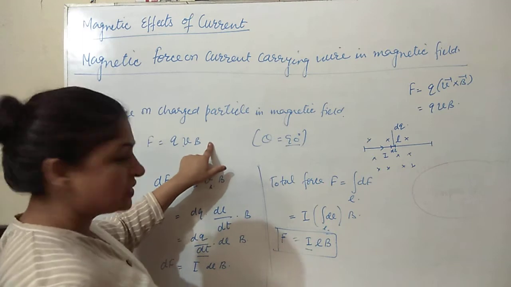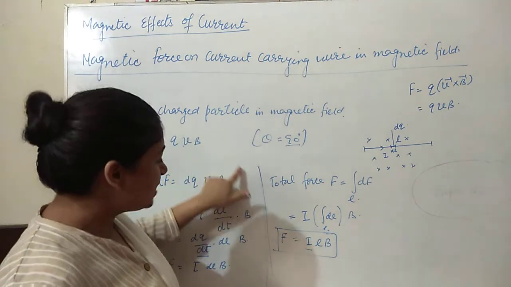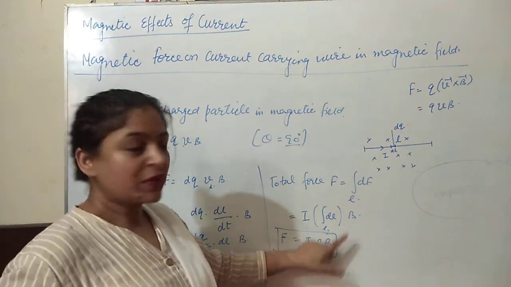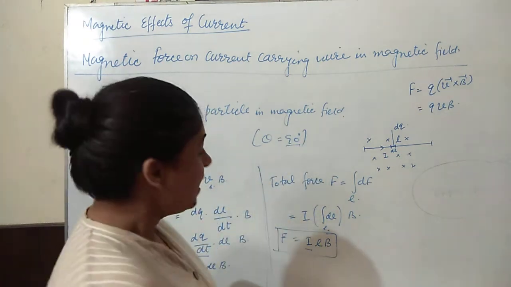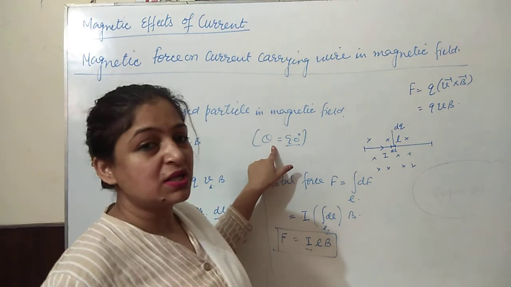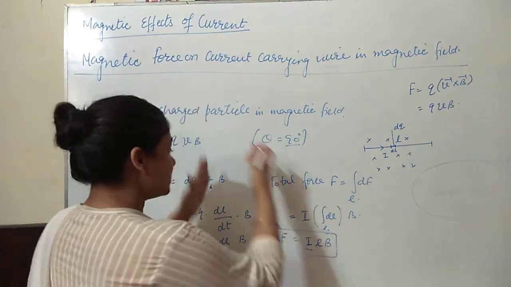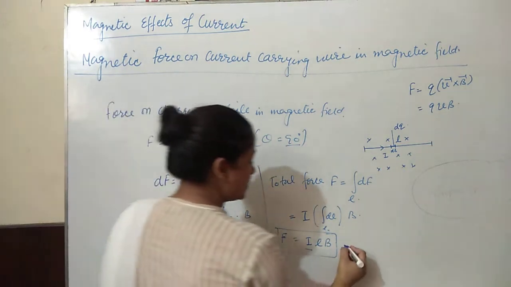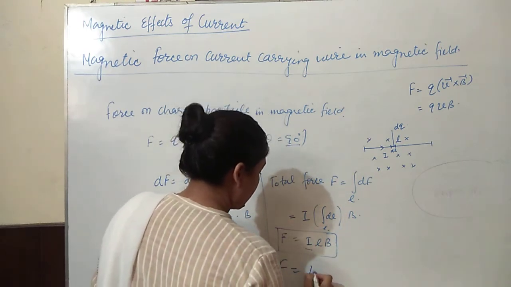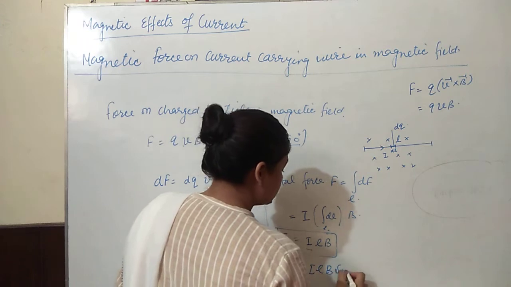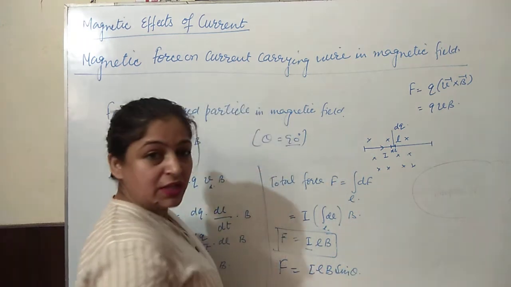If we start with sin theta, that sin theta will appear here also. For simplicity, we started with theta as 90 degree. If theta is not 90 degree but any other angle, then the same sin theta will carry through, and F would be I L B sin theta. Where theta is what?